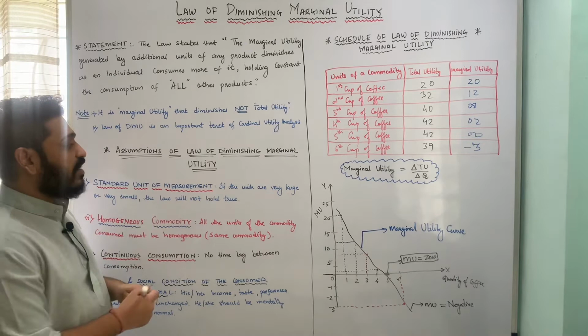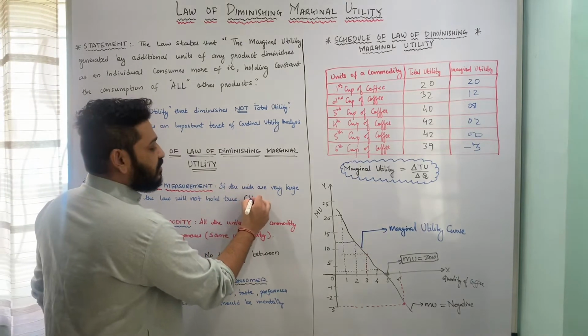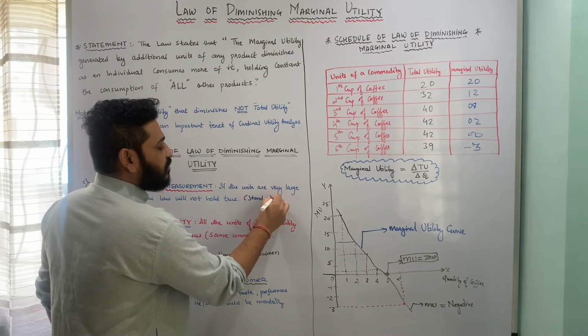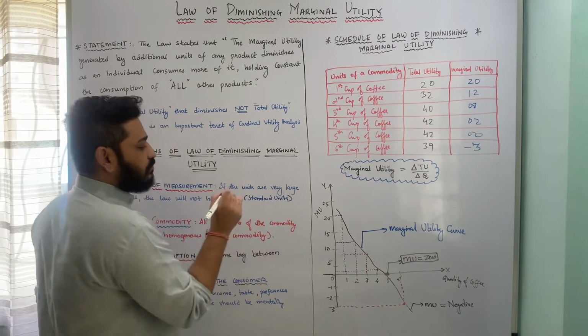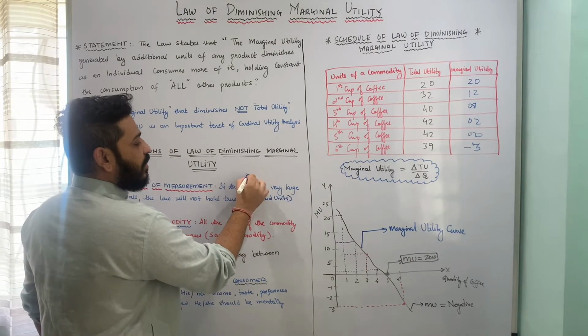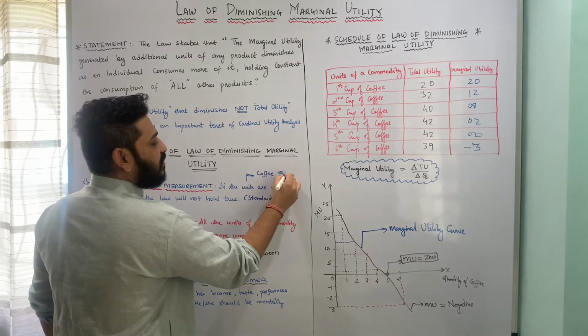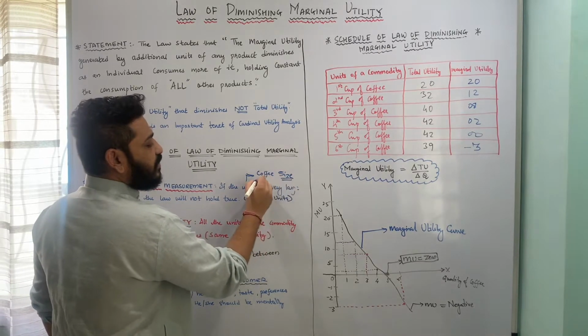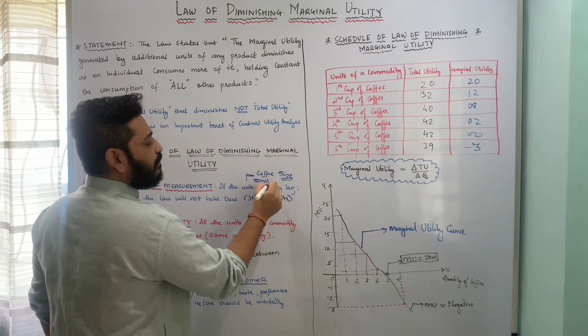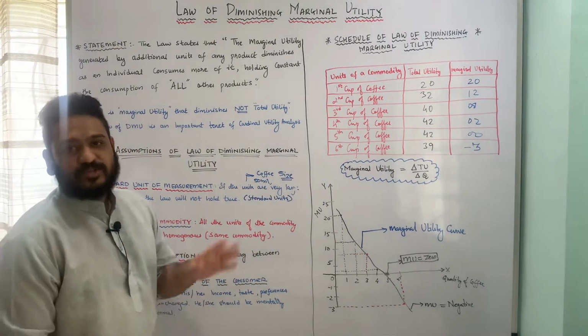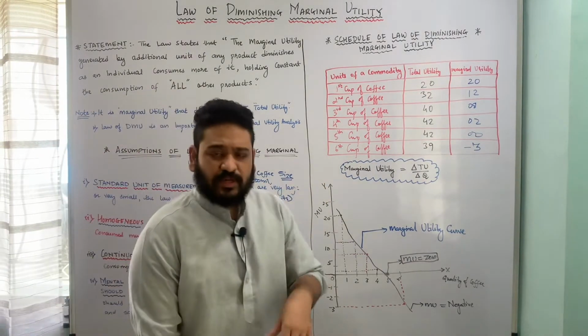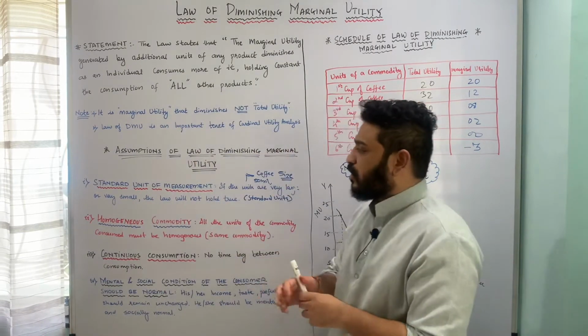We have to have standard units of consumption. That means if I am consuming coffee, the size of the cup matters. If it is a 50 ml cup, throughout my consumption it has to be 50 ml worth of coffee, otherwise the law will not hold true.